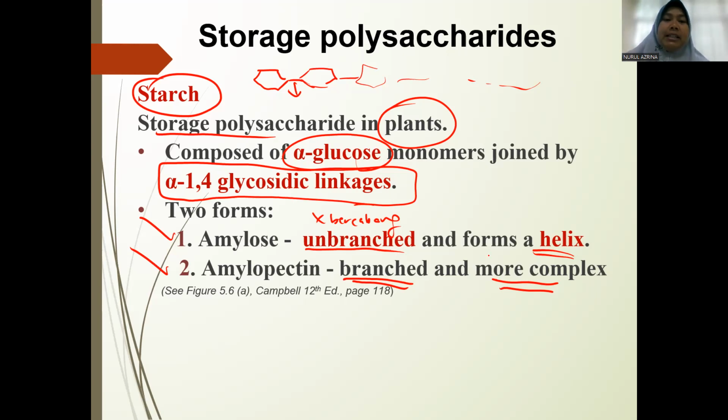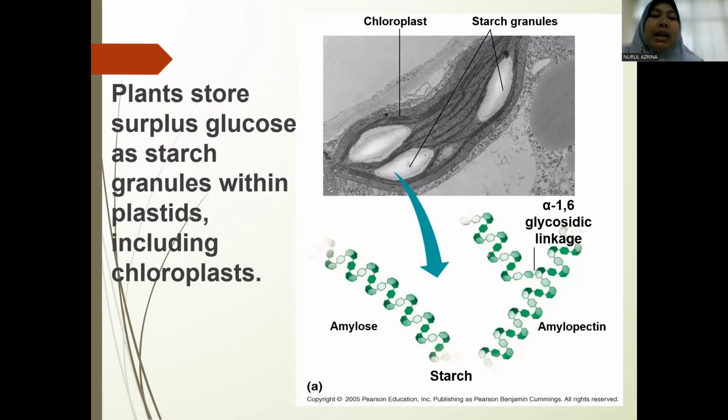Let's see here. Plants store surplus glucose, surplus means lebihan glucose, within the starch granule. So ini yang putih-putih ini adalah kantung starch, kantung kanji, that stores the excess or surplus sugar in the form of amylose and also amylopectin.